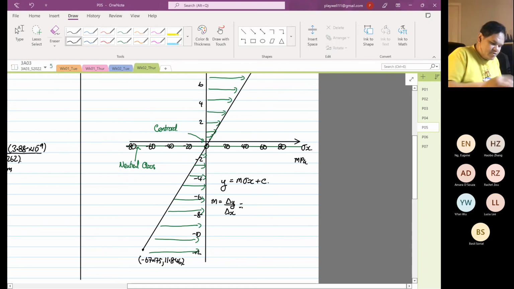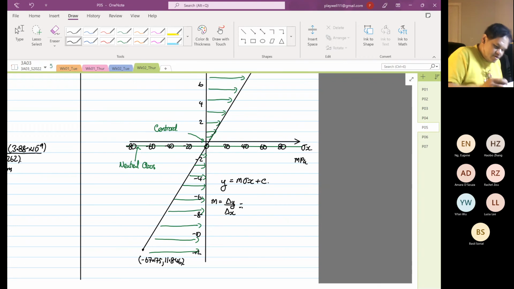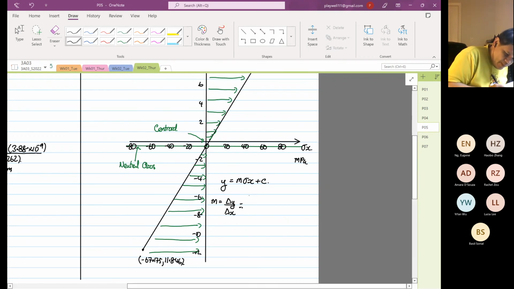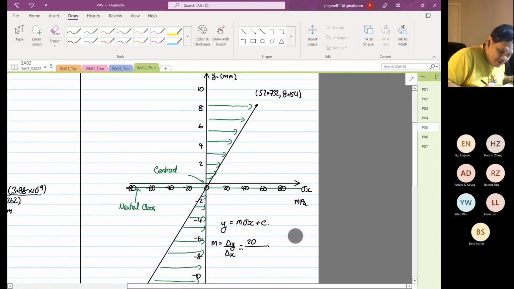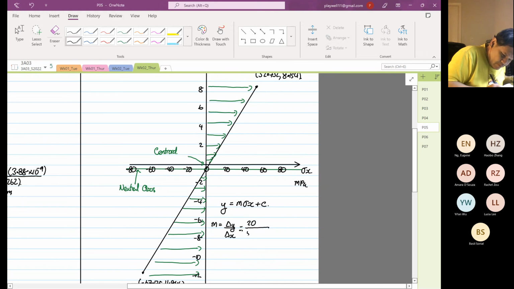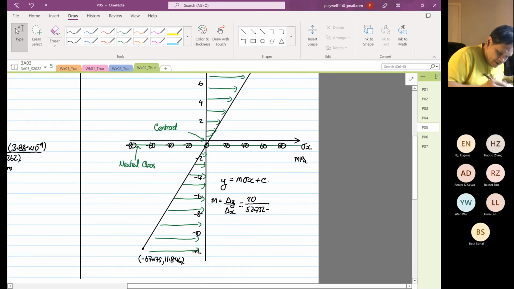So change in y, I'm going to take the whole thing, the change in y, the whole thing is 20 millimeters. The change in x will be equal to 52.732 minus minus 67.175.